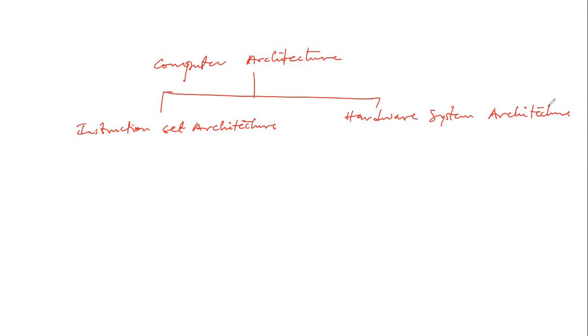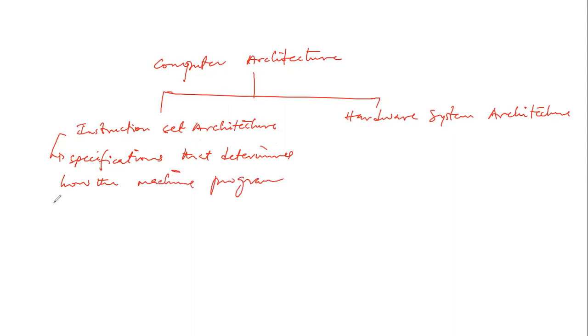For the instruction set architecture, it includes the specifications that determine how the machine language program will interact with the computer, right? So this has to do with the specification that determines how the machine program interacts with the computer, right?